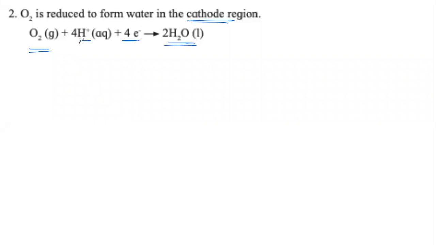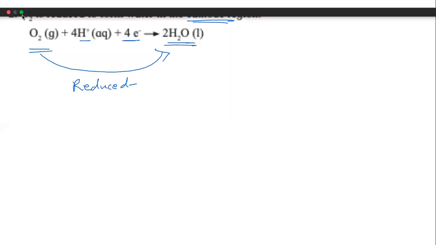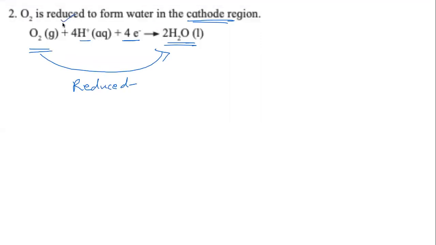So oxygen is being reduced. That is what is happening. Addition of hydrogen or addition of electrons is reduction. At the same time, we also see that hydrogen is oxidized.